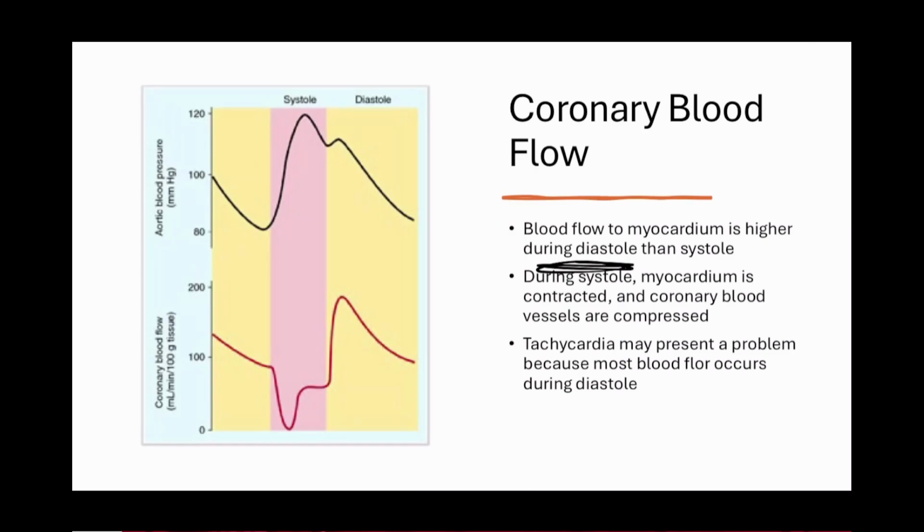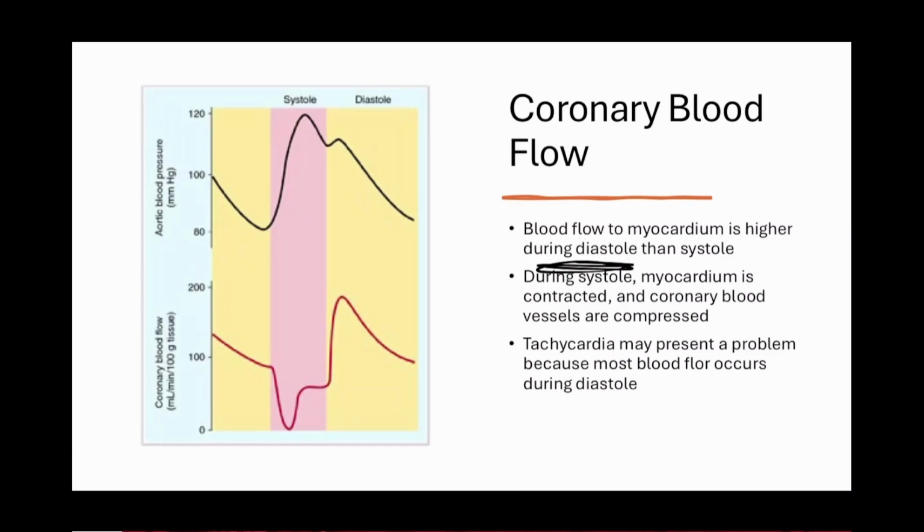It's opening. The muscle is relaxed. All those little capillaries are now open. They're not being pinched from the heart squeezing. So the myocardium gets its blood flow during diastole. During systole, the myocardium is contracted, blood vessels are compromised and compressed. No blood can get through, so it has to wait till we're in diastole.